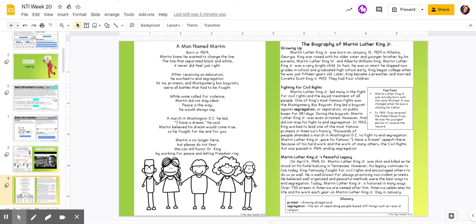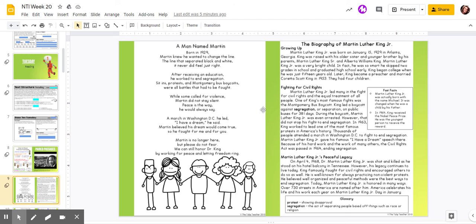What have I learned about Dr. Martin Luther King Jr.? What was different? It can be just how it's organized differently. It could be that they include different information. But the purpose is to find a connection between these 2 pieces of writing.